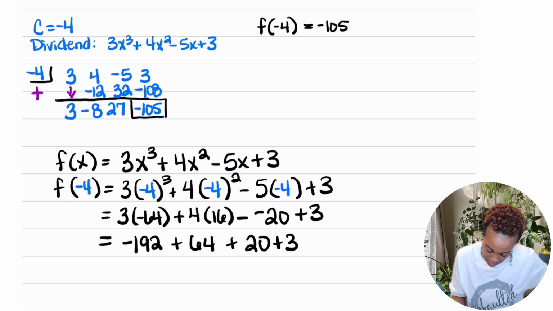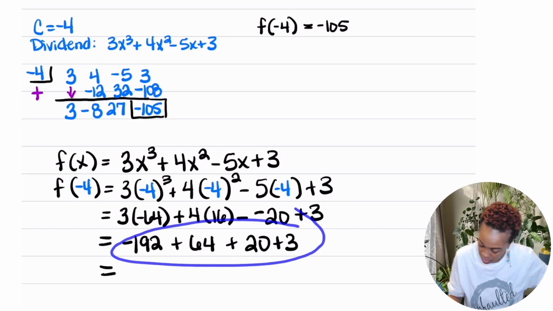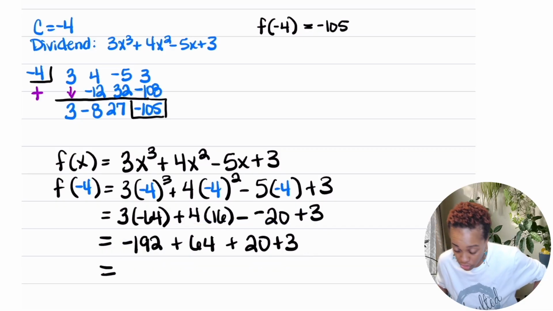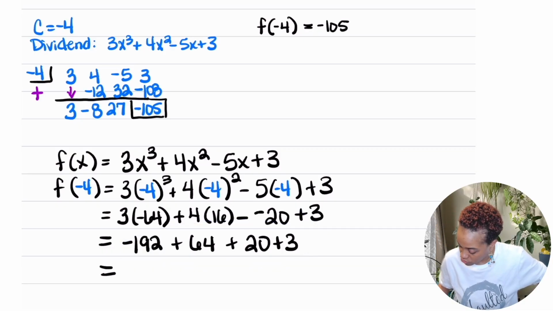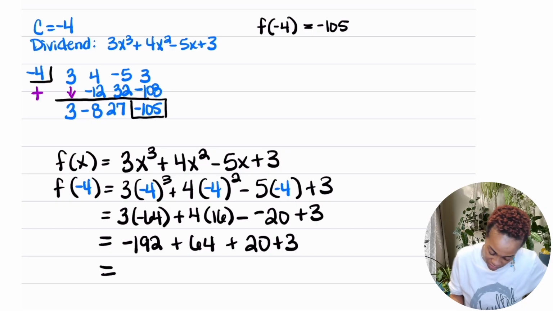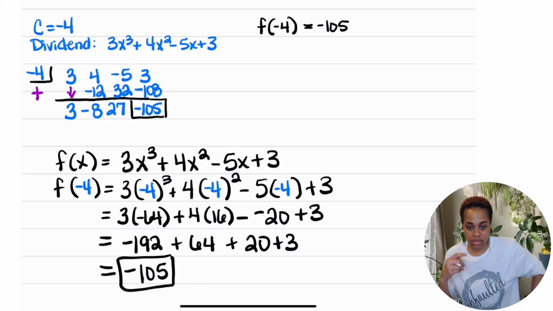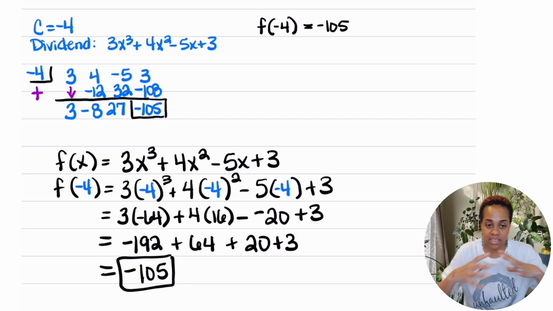And then if you put all of this in your calculator, -192 plus 64 plus 20 plus 3, you get -105. Y'all see that? So everything ties together.